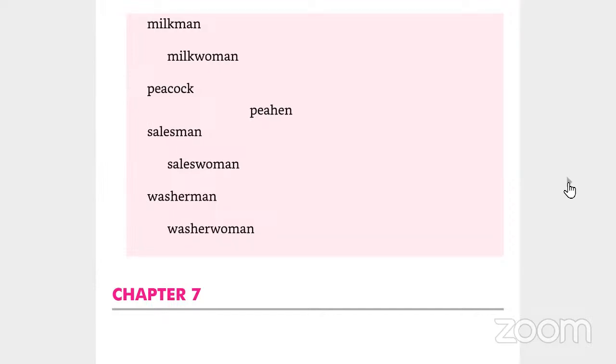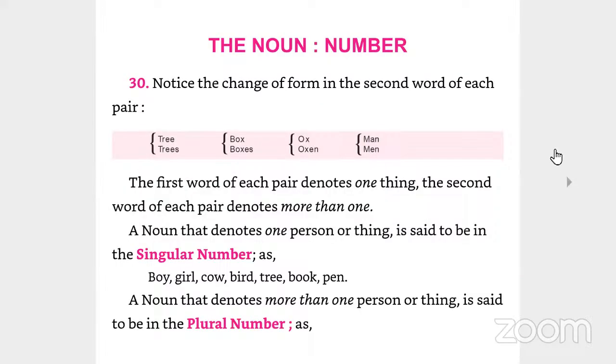Apart from remembering the masculine and feminine forms of the words, also think about how you can use them in sentences. I will give you an exercise document also. Try to complete the noun exercises. Next class, we are going to deal with noun number, that is, singular and plural of nouns.